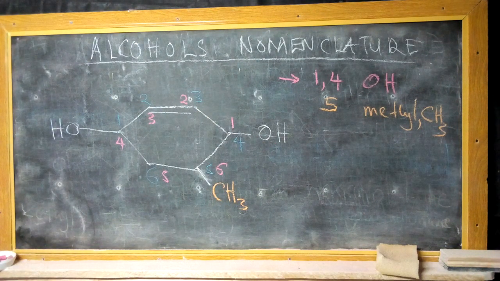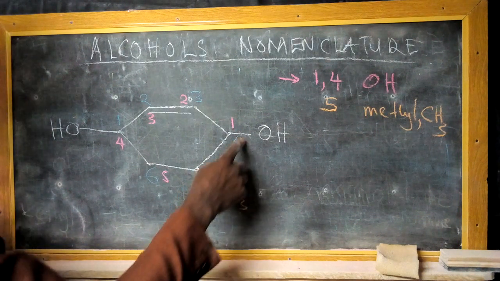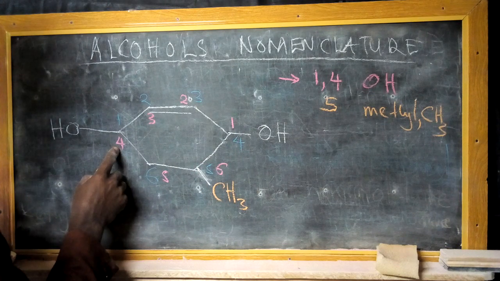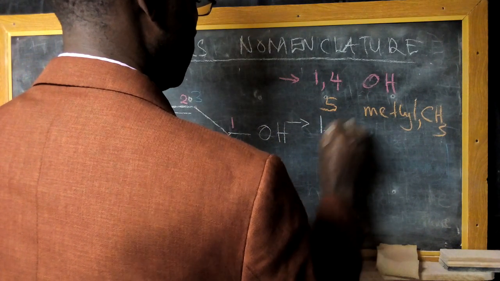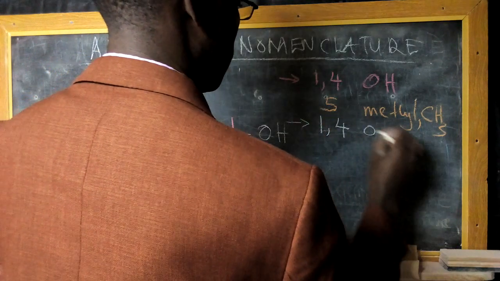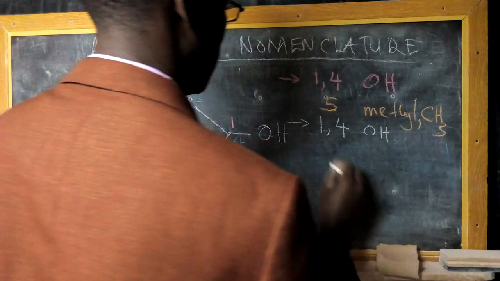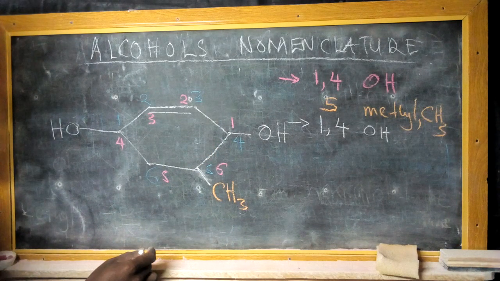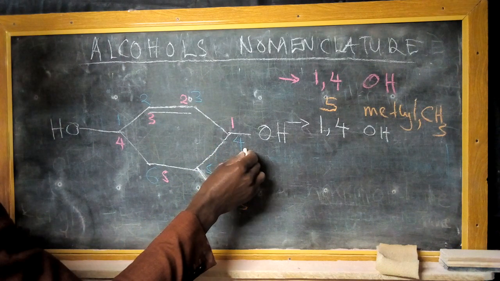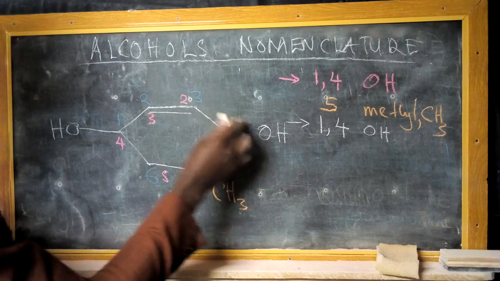And then for the second numbering, we shall have 1, 2, 3, 4. So we shall still have the OH at point number 1 and 4, and the methyl group appearing at carbon number 2. 1, 2, 3, 4.